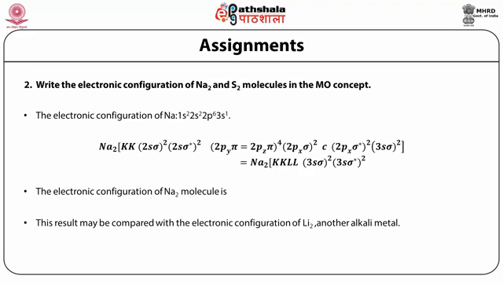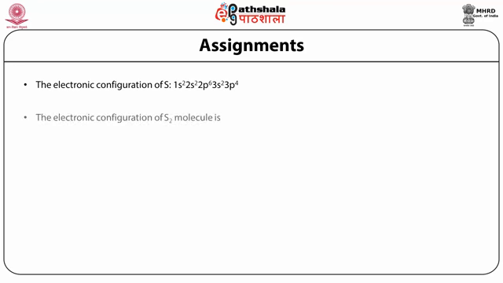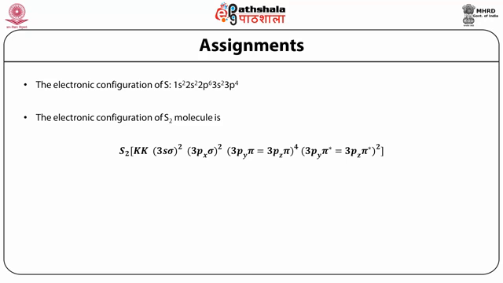This result may be compared with the electronic configuration of lithium molecule, which is another alkali metal. Now, the electronic configuration of sulfur is 1s², 2s², 2p⁶, 3s², 3p⁴, and the electronic configuration of sulfur molecule is KK 3s σ², 3px σ², 3py = 3pz π⁴, 3py π* = 3pz π*².